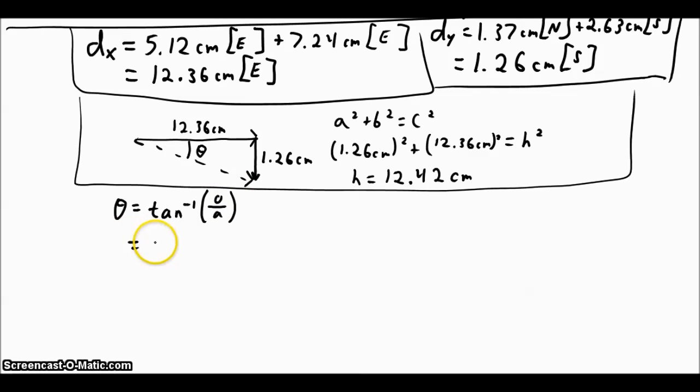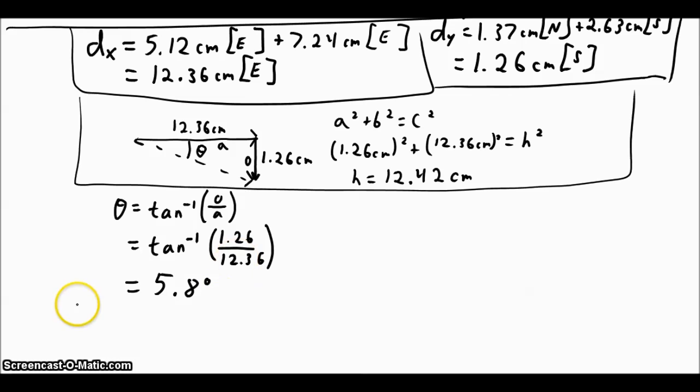So our angle will be the inverse tangent of 1.26 over 12.36, because that is our opposite and that is our adjacent. And so our angle, when we plug that into our calculator, is 5.8 degrees. That is step 5. And our final step is to combine these and get our final answer.